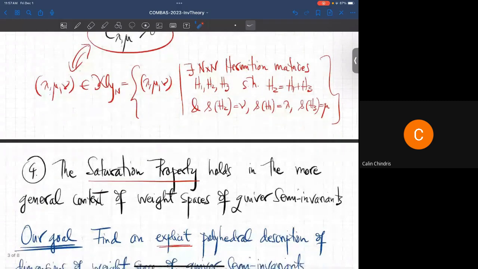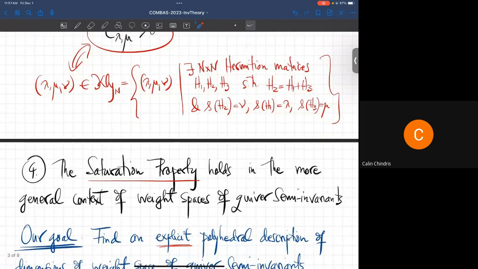And in this general context of weight spaces of quiver semi-invariants, the saturation property holds again. And this is due to work of Derksen and Weyman.